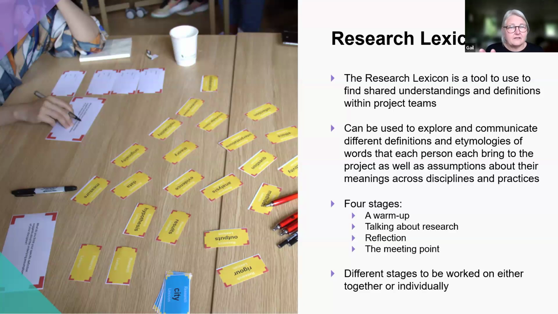Bear in mind, these are projects that involve multiple people from different backgrounds and settings and with different experience and skills. So this toolkit can be used to explore and communicate different definitions and etymologies of words that each brings to the project, as well as the assumptions about their meanings across disciplines and practices. And there are 4 stages.